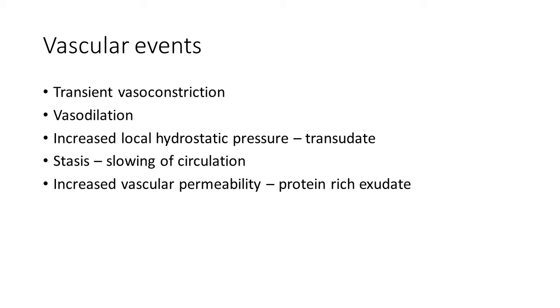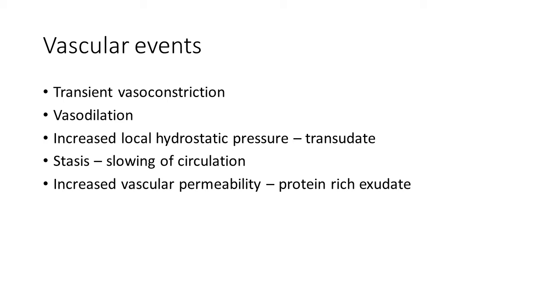This occurs within half an hour of the injury. Vasodilation obviously leads to increased blood volume in the microvascular bed of the area, and this increased blood volume is the one which is responsible for redness and warmth, which we saw in the cardinal signs of inflammation.